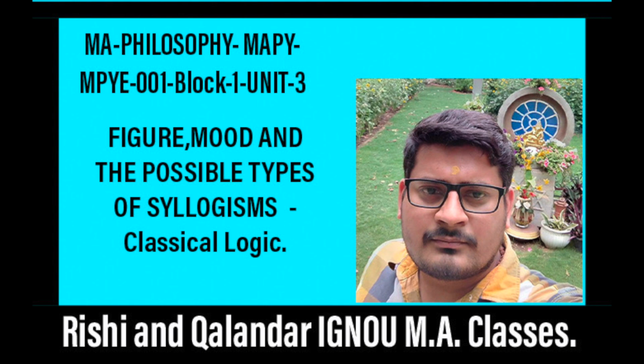Incomplete syllogism and compound syllogism. Number 1, enthymeme. Enthymeme is called an incomplete syllogism in which one or the other proposition is not stated explicitly. As a matter of fact, such an incomplete syllogism is closer to the way we generally argue in everyday life.